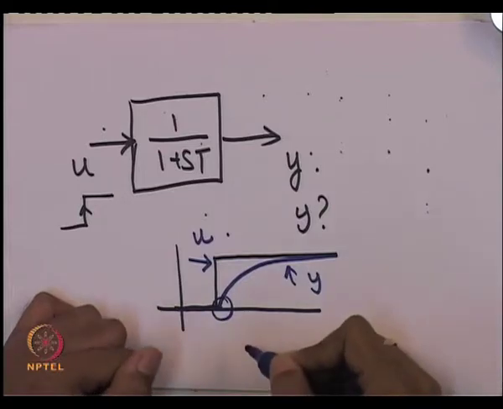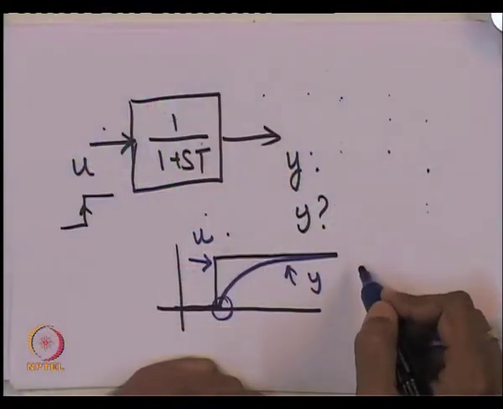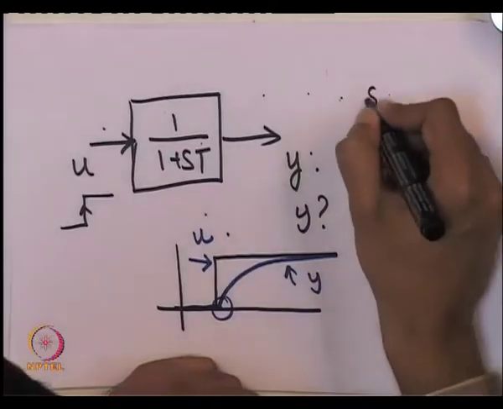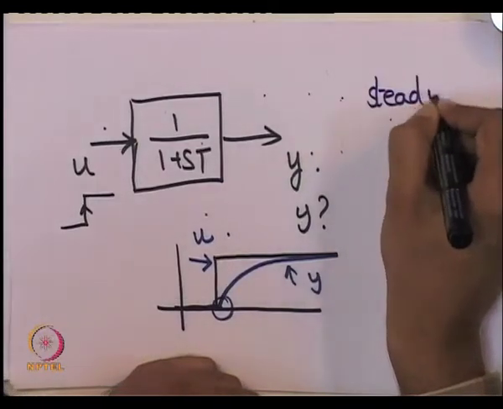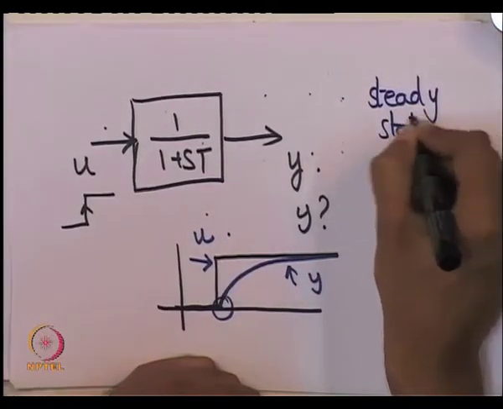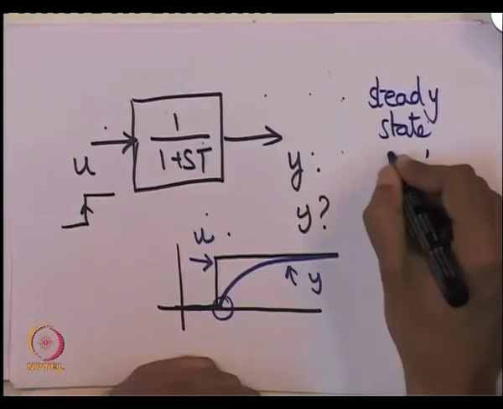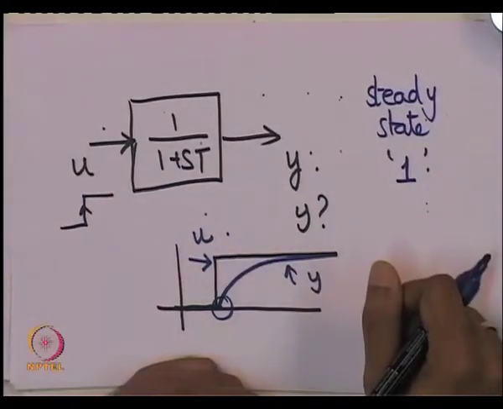So, there is no instantaneous change in y given a step change in u. So, y just remains where it is. Okay. But as time passes, you will find that y tends to become equal to u. So, the steady state gain of this transfer function is 1. Okay. That is y becomes equal to u.